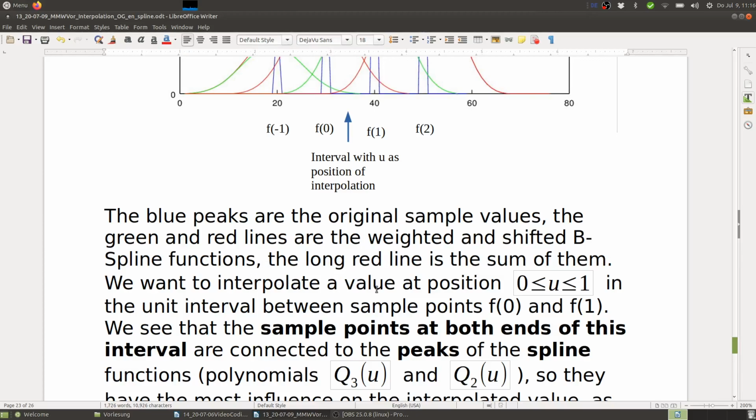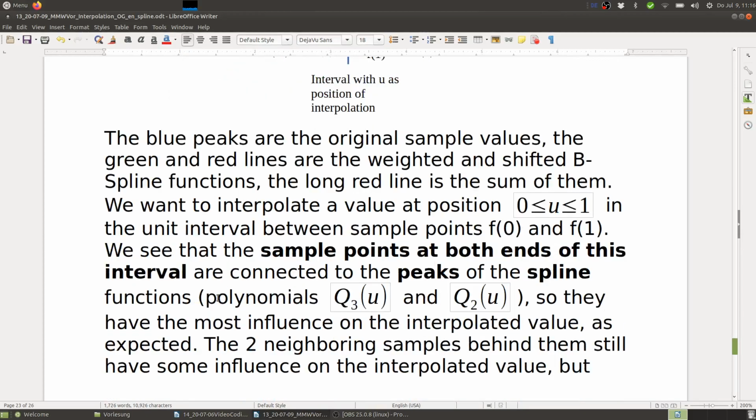We want to interpolate a value at position u between 0 and 1 in the unit interval between sample points f0 and f1. We see that the sample points at both ends of this interval are connected to the peaks of the spline functions, the polynomials q3 and q2, so they have the most influence on the interpolated value, as expected.